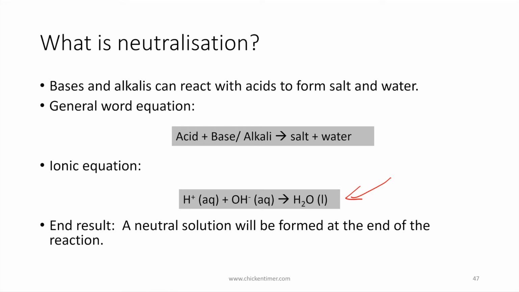The acids produce H plus ions, and the alkali produces OH minus ions. The H plus ions from the acid will react with the OH minus ions that come from the alkali or the base. Then the two of them combine and give you water. Your end result is that a neutral solution will be formed. That means whatever you have at the end will be neutral. If you take a universal indicator and test it, you will get pH 7.